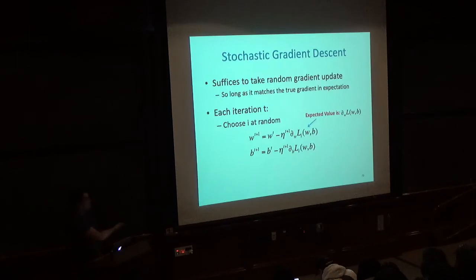We sample one of the losses from our distribution of losses at random, and we do a gradient update. And the expected value of this gradient update is the gradient update of the original total loss function. That, in a nutshell, is stochastic gradient descent.